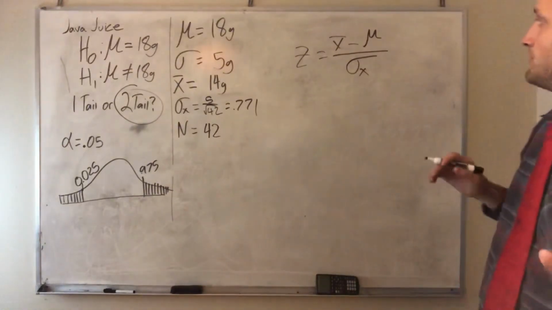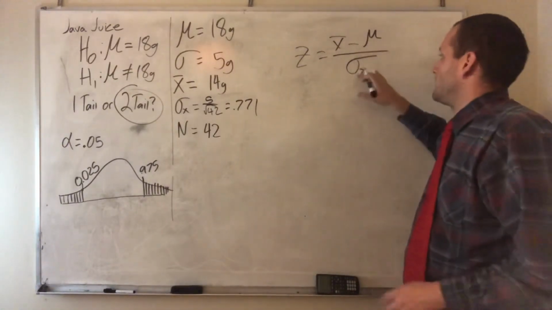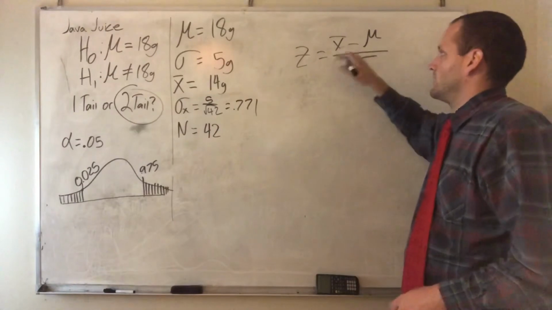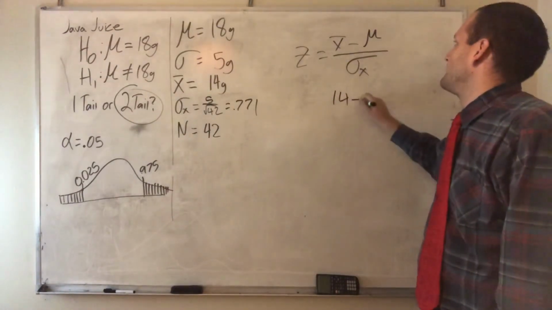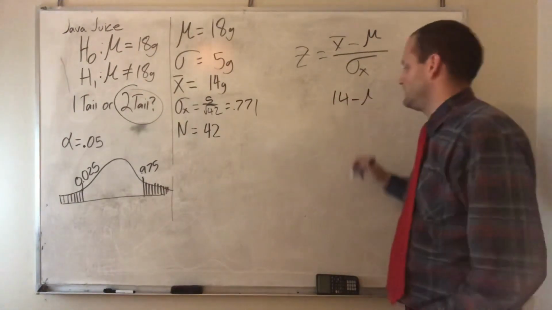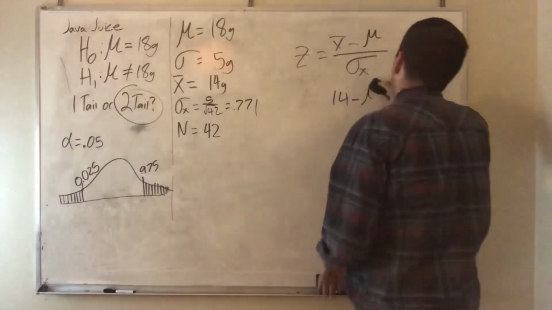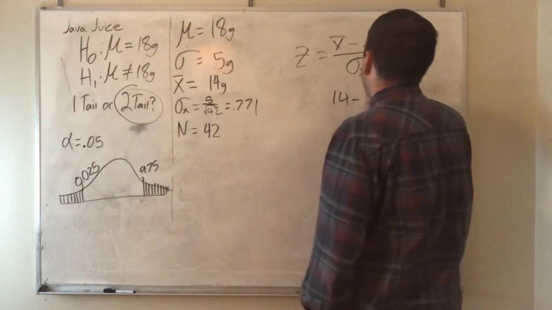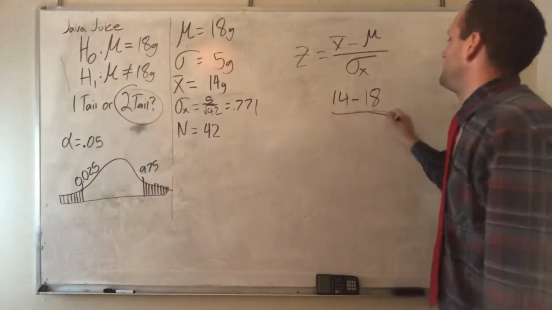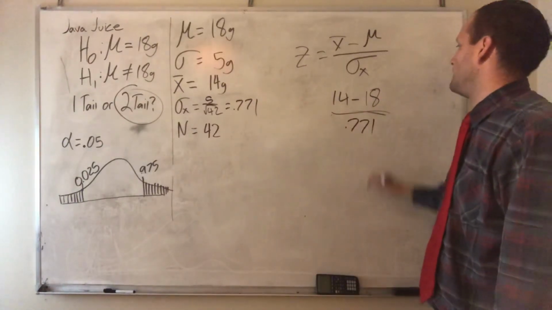Okay, we've got that. We're going to go through now and plug in our numbers. That's 14 minus 18 divided by 0.771.